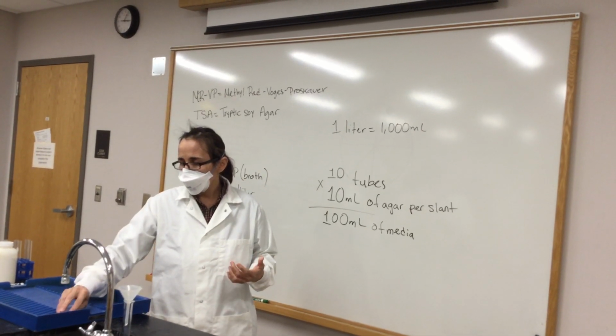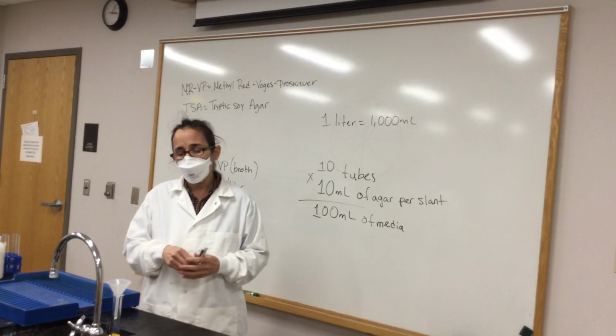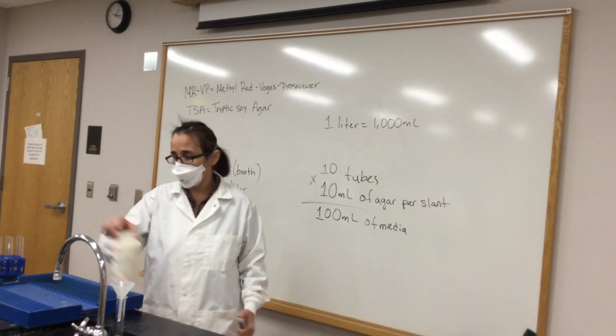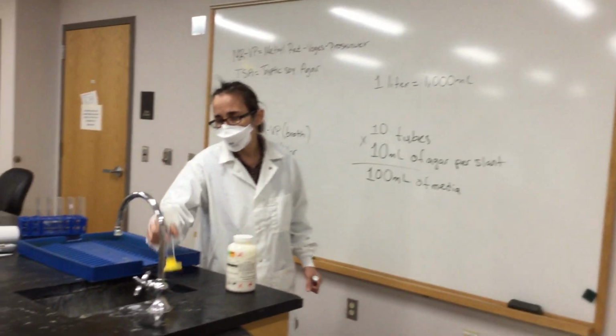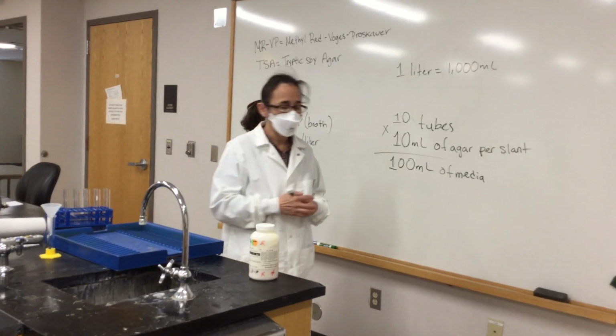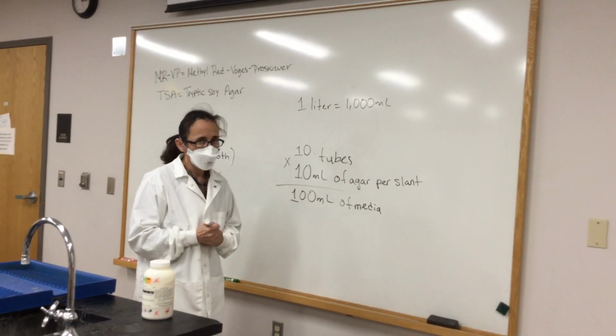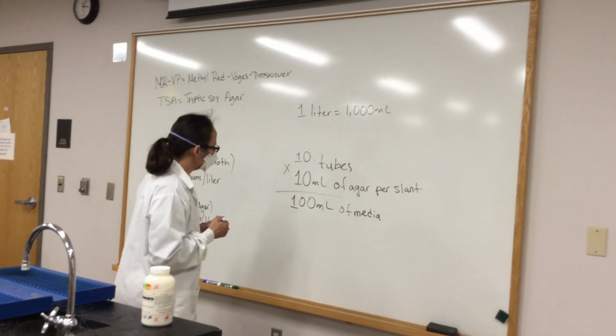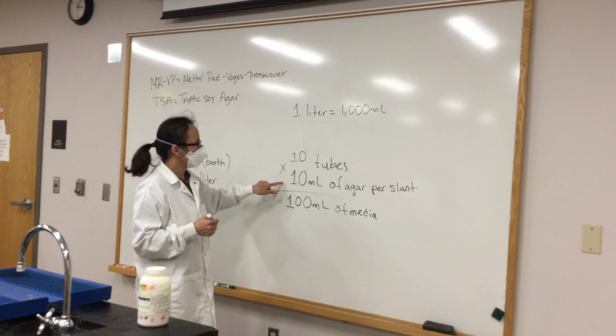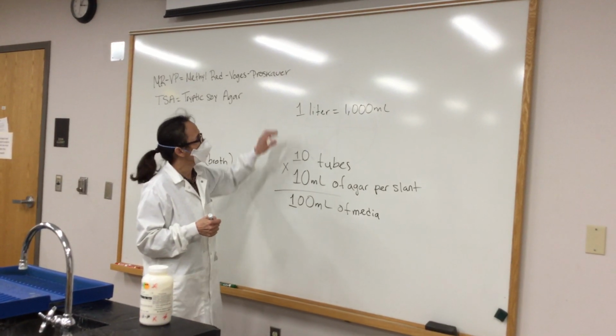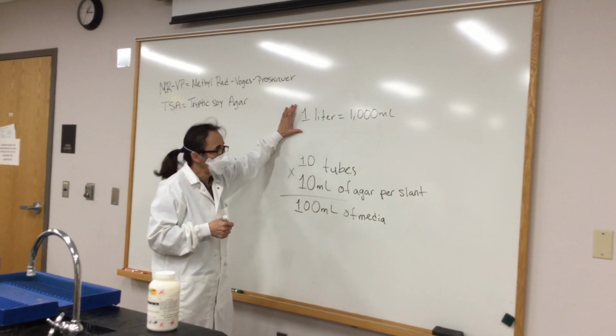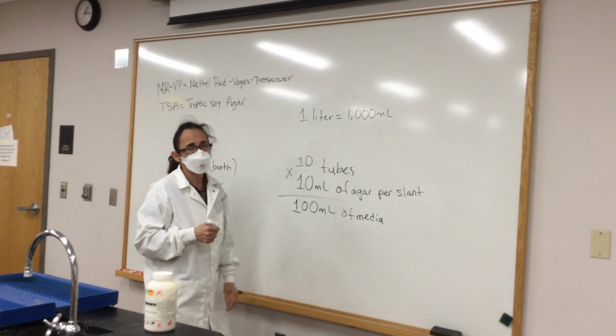So according to what you need, you will multiply 10 milliliters for these test tubes by how many you would like to make. In this case, I'm going to make 10 tubes. Each of them holds 10 milliliters. And remember, 1 liter has 1,000 milliliters.